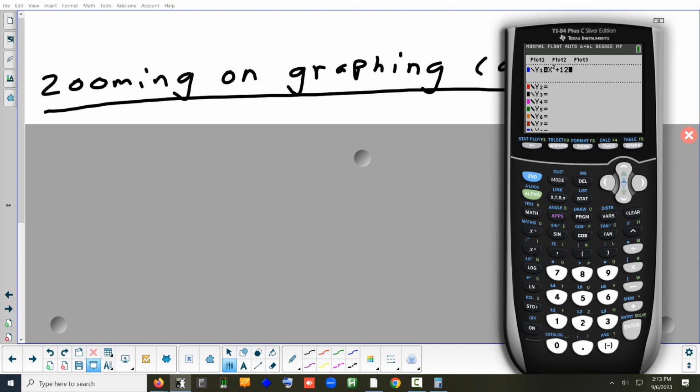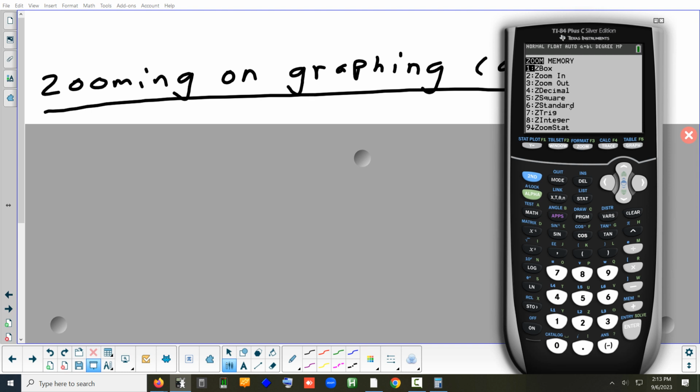Okay, now once you type it in, you never want to press graph right away. The first thing you always want to do is either check your window or set your zoom. We're going to set our zoom first. So if you press the zoom button, which is the third one over from the top, there's different ways we can set the screen up. Most of the time, for now, we're going to do zoom 6.